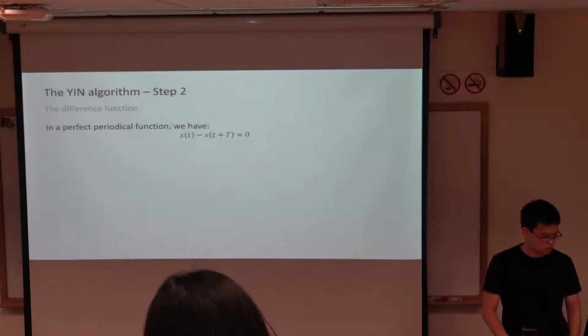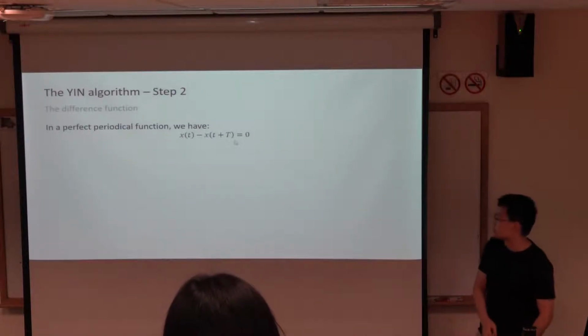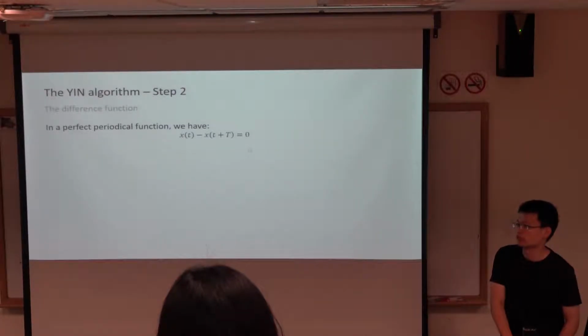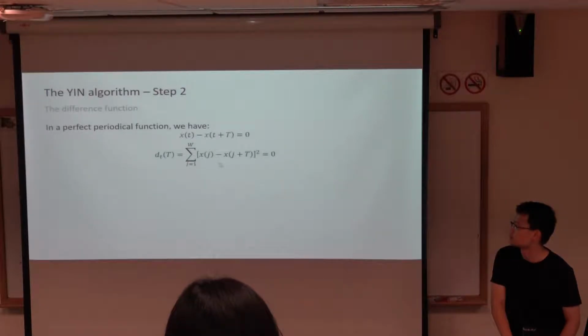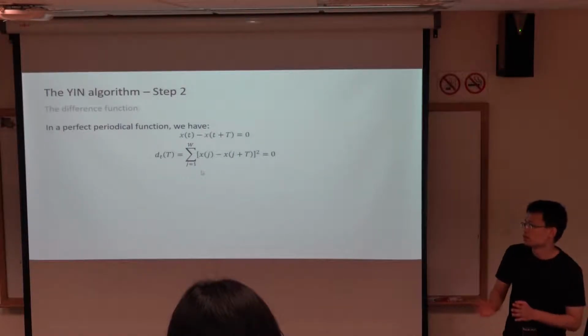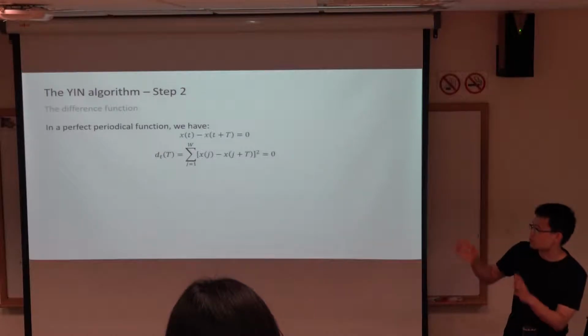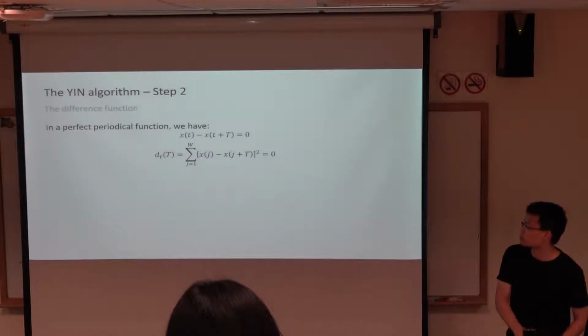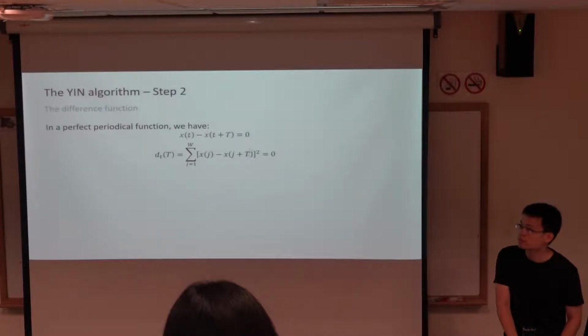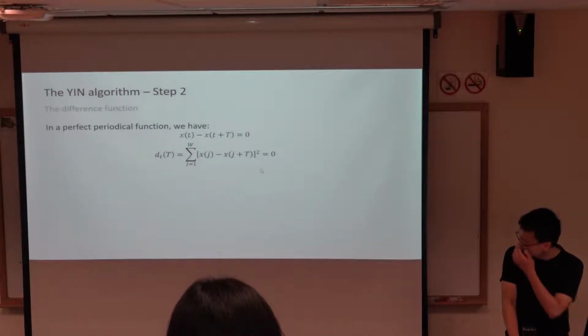For a signal with a perfectly periodical function, this should hold, right? And we change this formula to this. That means we intercept a signal of length W, and I shift the signal by tau. They should be the same, right?